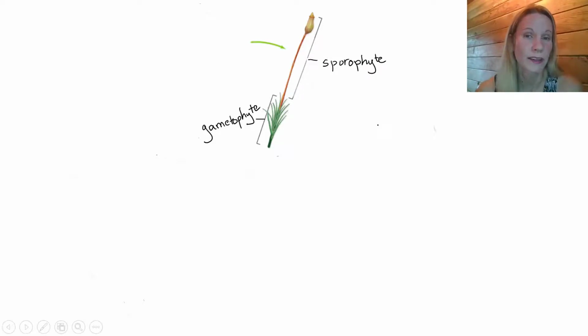There's a reason why we're looking at this visually, guys. You need to be able to identify the different parts of the plant, the sporophyte and the gametophyte parts, as they visually present themselves in the different plant groups. So of the 4 plant groups, the gametophyte and the sporophytes all look different. And you need to know what they are and what they look like.